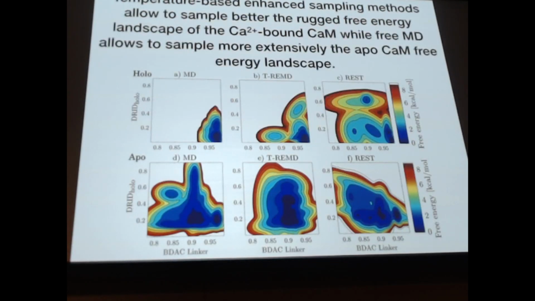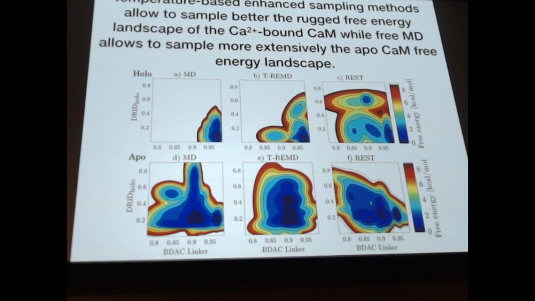To have a better view of this, we look at the probability distribution or the free energy along these 2 collective variables, the global one and the local one on this axis.